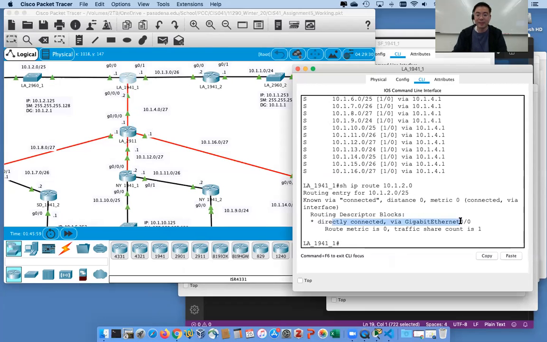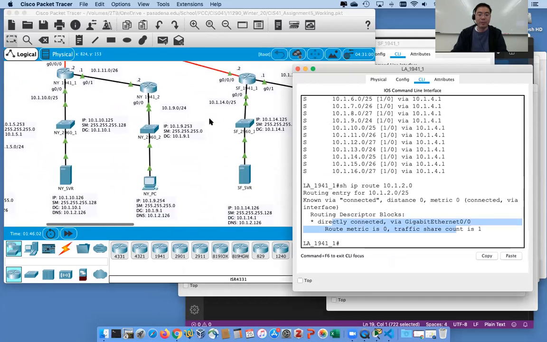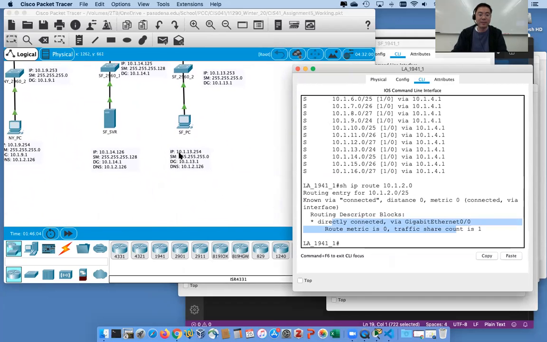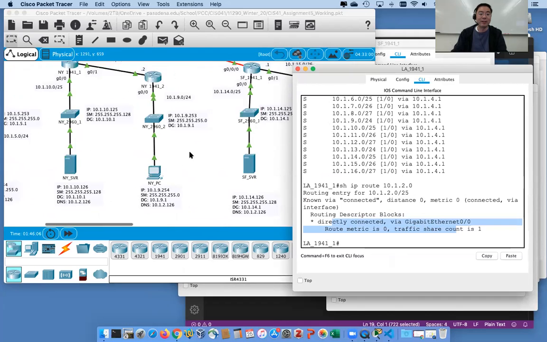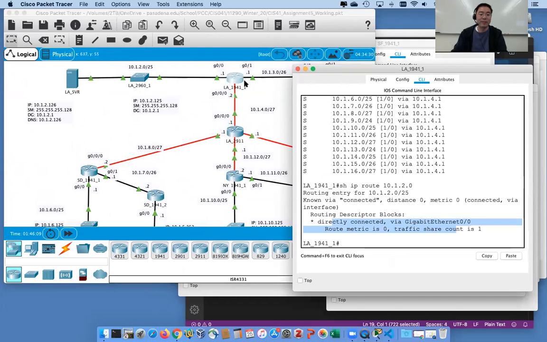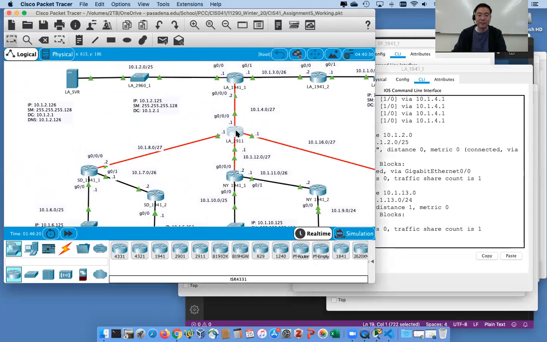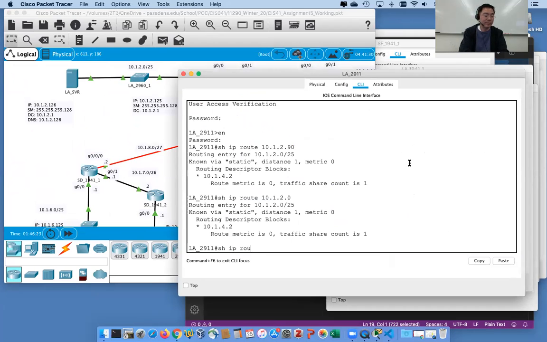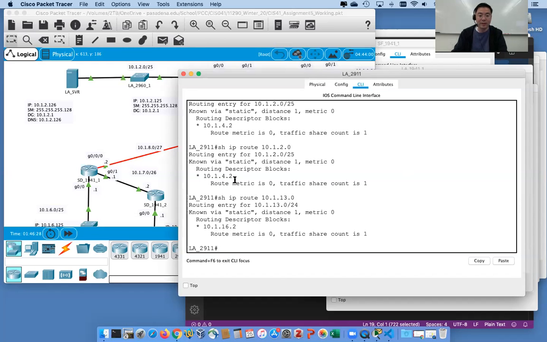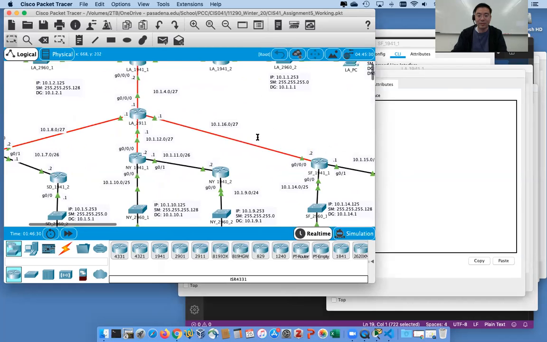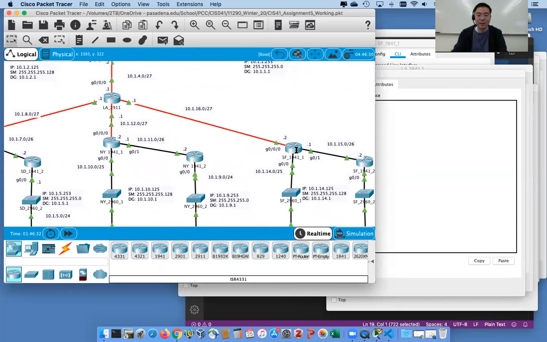Yep, directly connected here. 10.1.4.1 is right here. Okay, 10.1.16.2 should be right here.